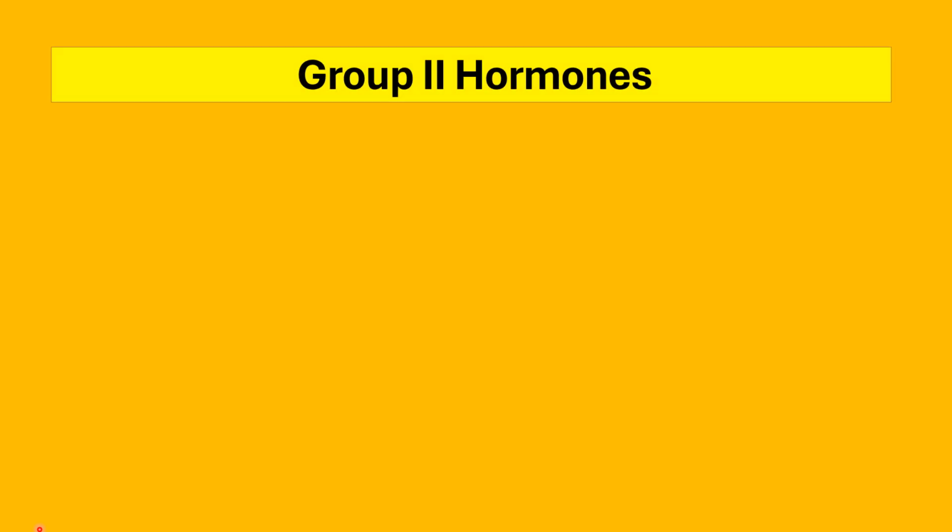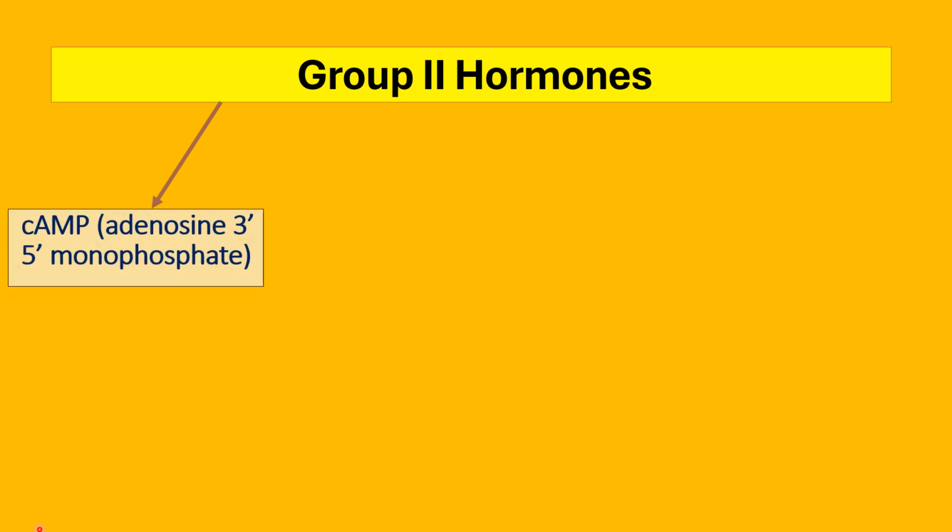So after seeing the mechanism of action of group 2 hormones, now let's finally see the subclassification of these hormones based on their second messengers through which they act. The first subclass is the hormones which act through cyclic AMP as second messenger.